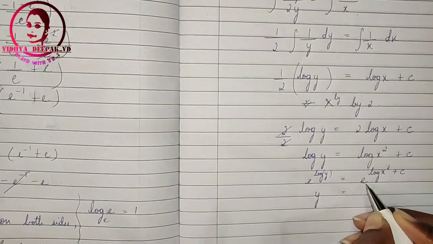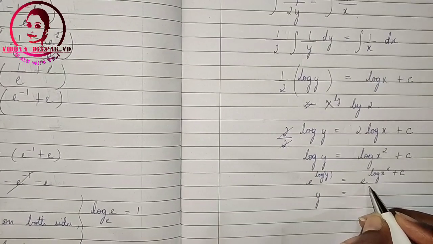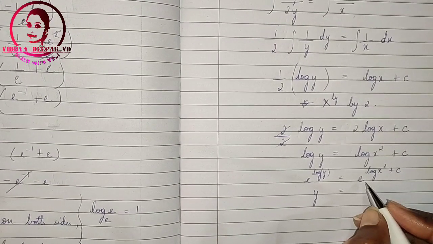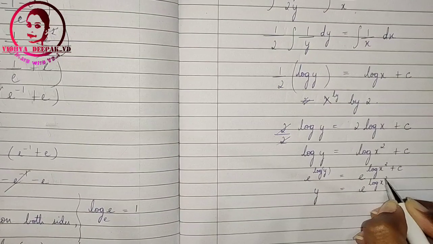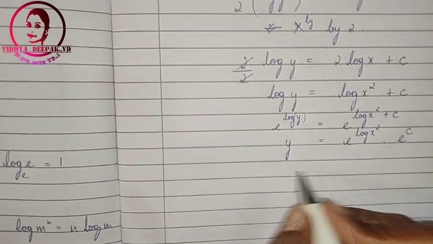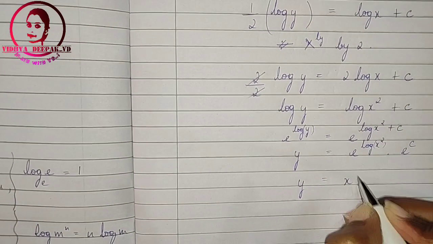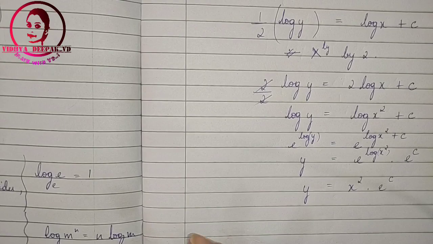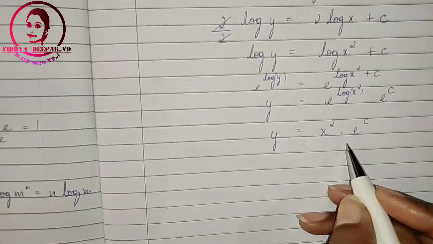Whatever is inside the log value, that will be the answer of this, always. So here e to the power of log x square can be written as x square, but here you have plus c, right? According to the exponential formula, e to the power of m plus n is e to the power of m into e to the power of n. So this can be written as y is equal to x square into e to the power of c.